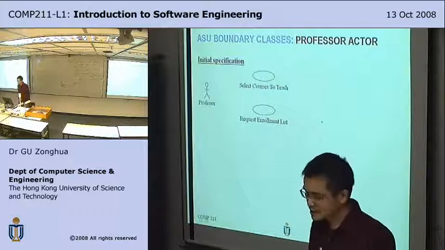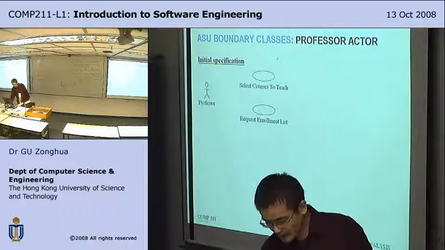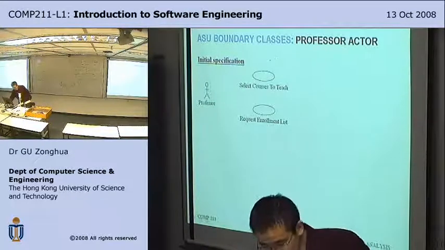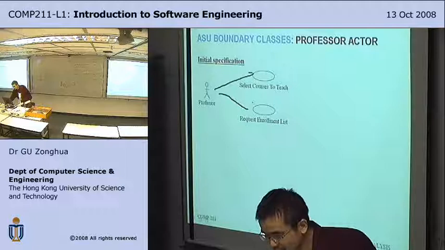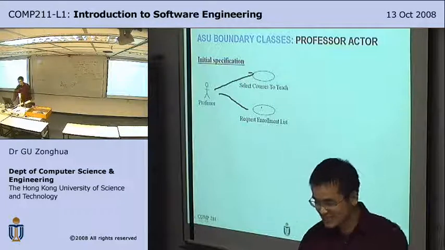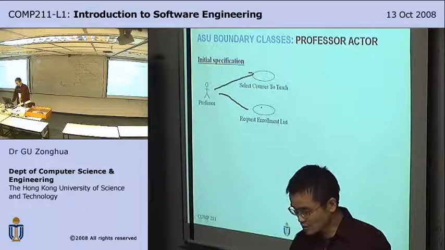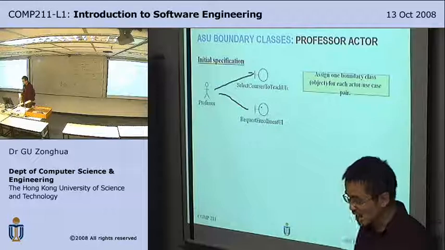So here's the use case, Professor Actor, who takes part in two use cases: select courses to teach and request enrollment list. The rule is for each actor use case pair, you instantiate one boundary class.